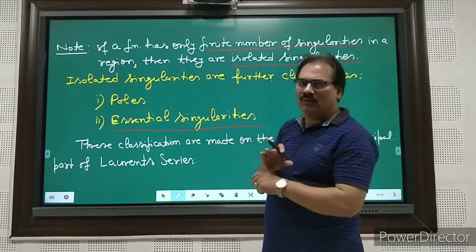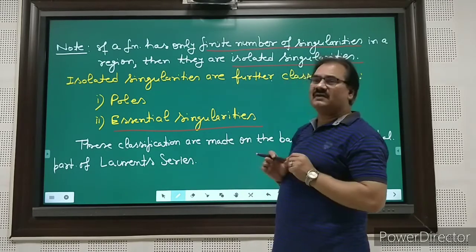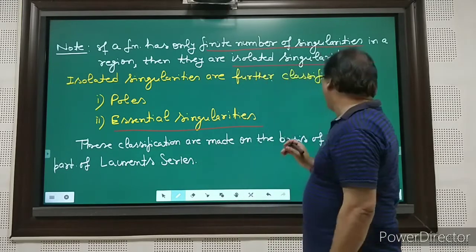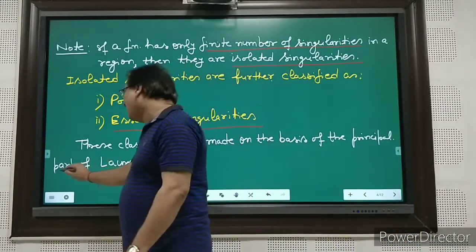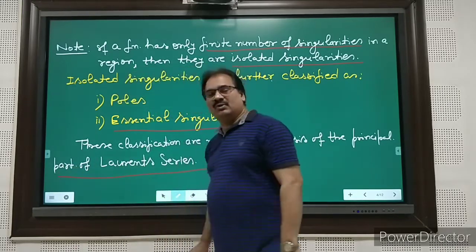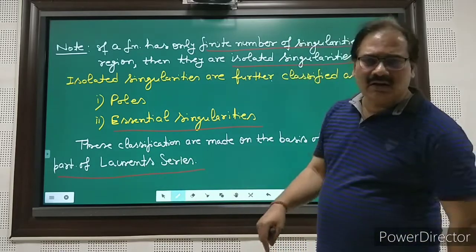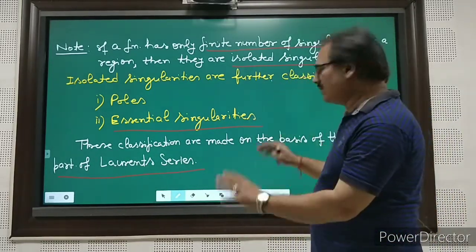Now we have to understand the meaning of poles and essential singularities. These classifications are made on the basis of the principal part of the Laurent series, as I discussed earlier.